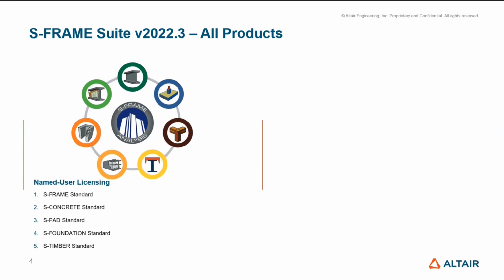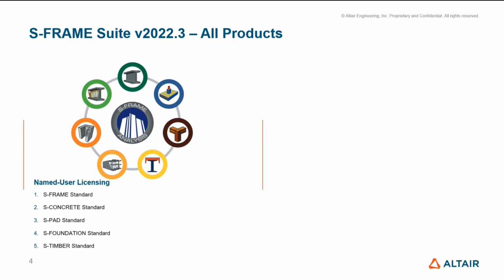Now, starting with the new features in common between all the programs in this upcoming version. In V 2022.3, we are offering named user licensing, which is a new licensing model for the suite. This type will be available in hosted or managed format only, and certain application bundles are offered within this licensing model.